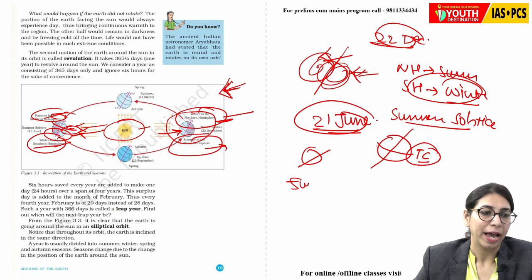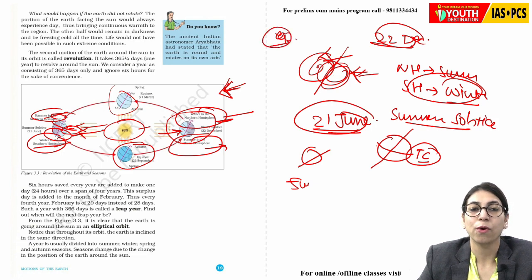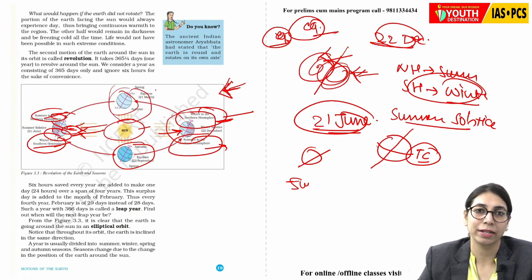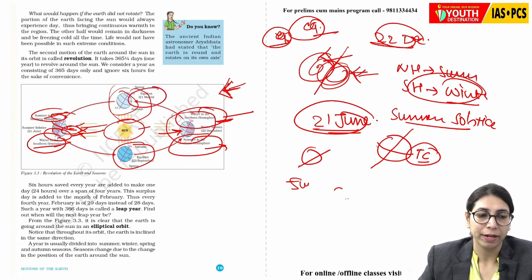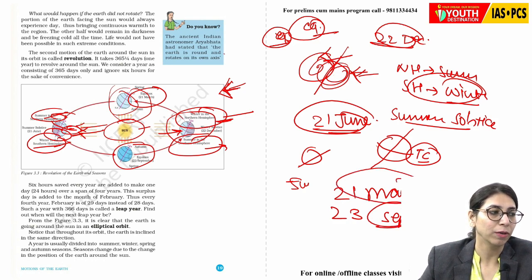ठीक है ना? And there are two positions when the sun rays fall on the equator. So everywhere on the earth experiences the same type of day and night phenomena, right? So अब यहाँ पे क्या होता है कि the equinox position occurs on 21st March and 23rd September. 21st March वाले दिन क्या होता है?